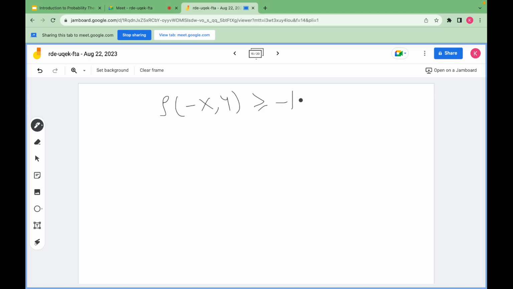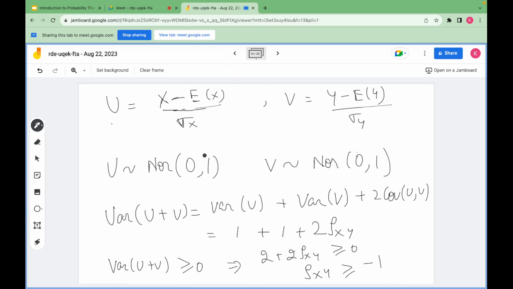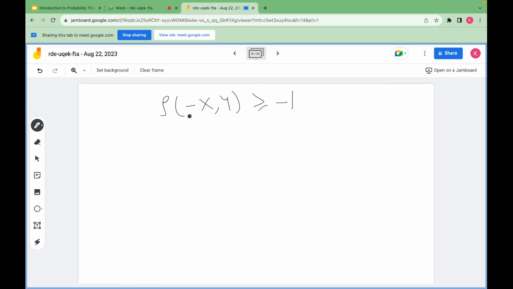If we take u as minus x, and take the expectation of minus x and sigma of minus x, then this result will follow that rho of minus x comma y is also greater than or equal to minus 1.